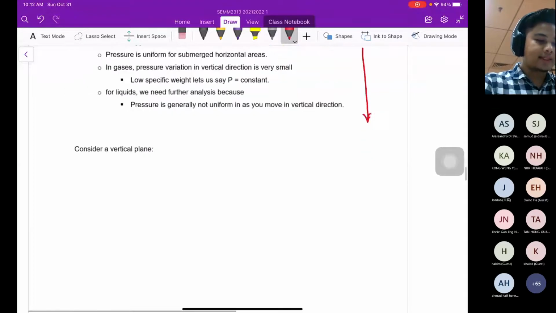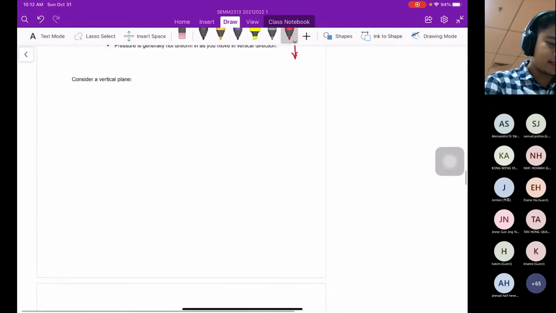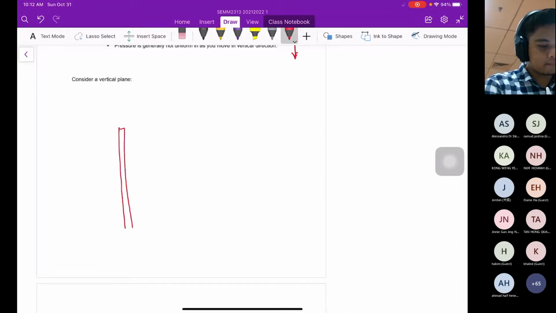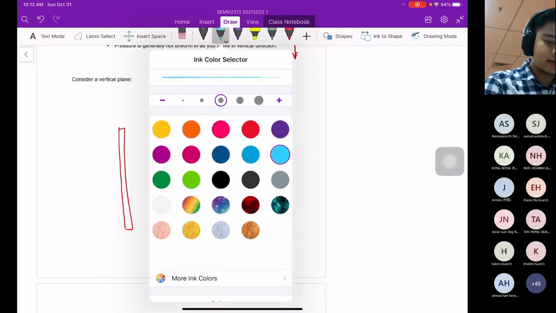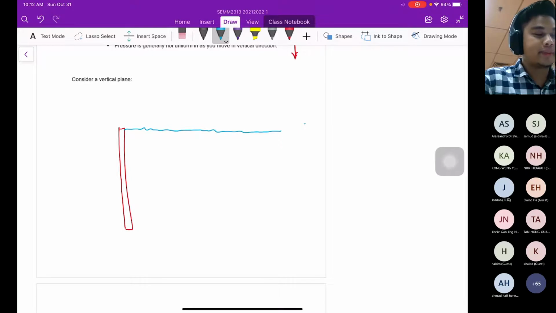Let's consider a vertical plane. For example, we have a vertical plane, a plane submerged in the water. Let's say this is water. So what happens? Basically, we have forces acting on the plane.